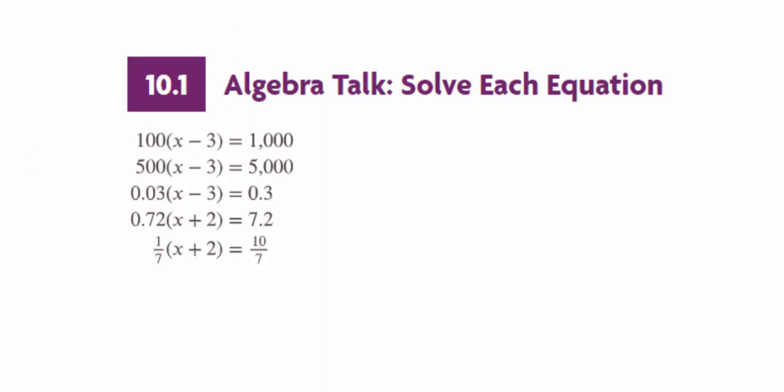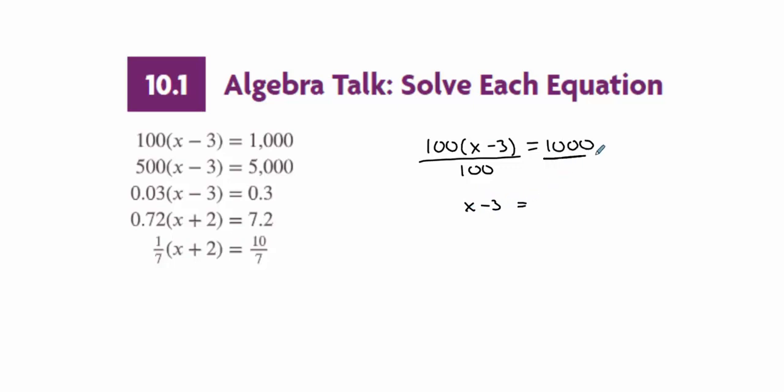So if I look at this first one, I have 100 times the quantity x minus 3 is equal to 1,000. So if I have 100 x minus 3's, if I divide that by 100, I'll end up with just 1 x minus 3.